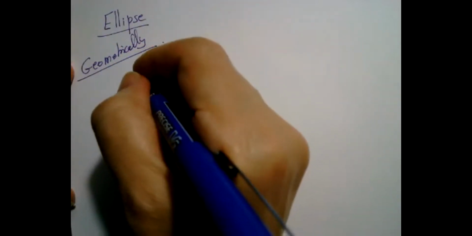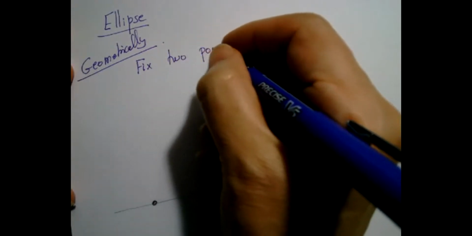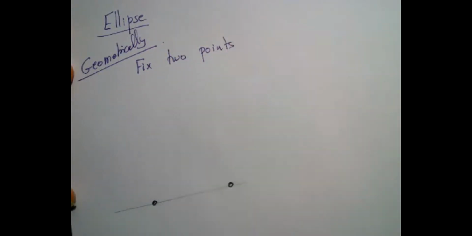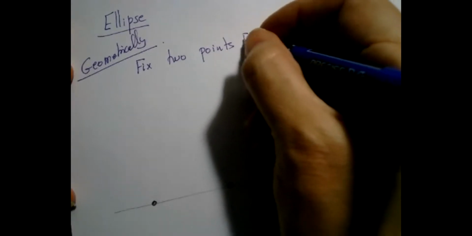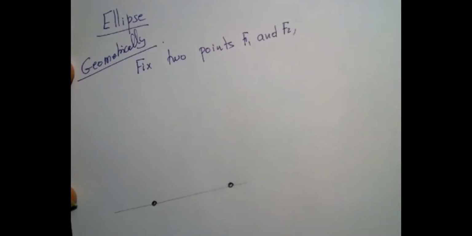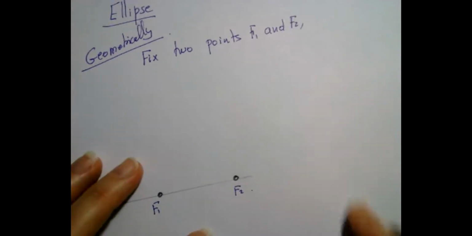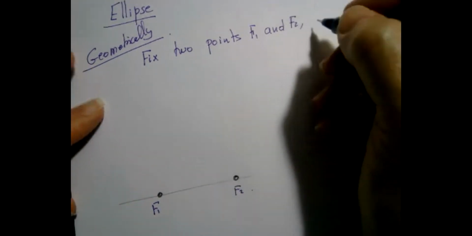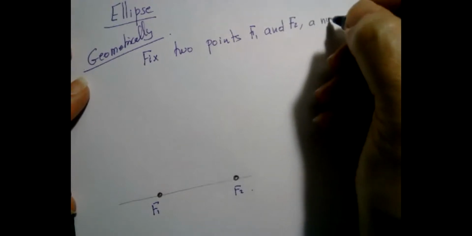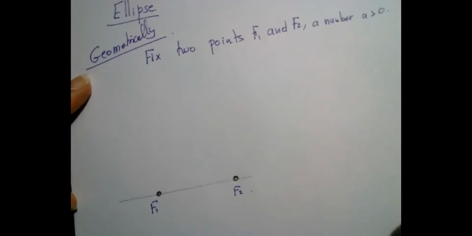You fix 2 points. Sometimes we call them F1 and F2. We're going to fix those 2 points, F1 and F2, on the x-axis, and then we're going to fix them on the y-axis. And we fix a number A.